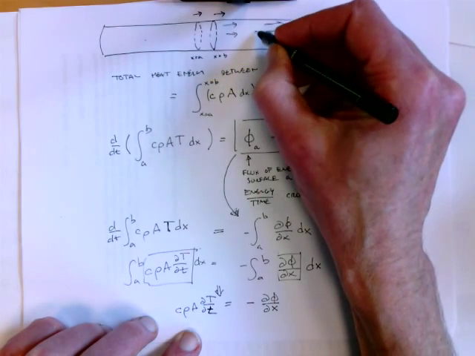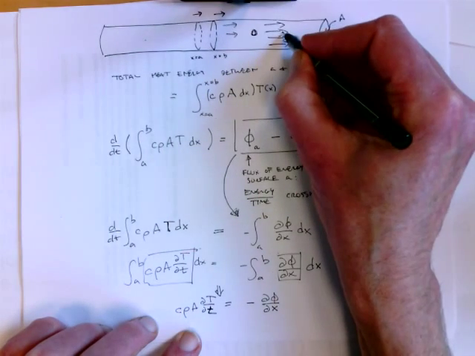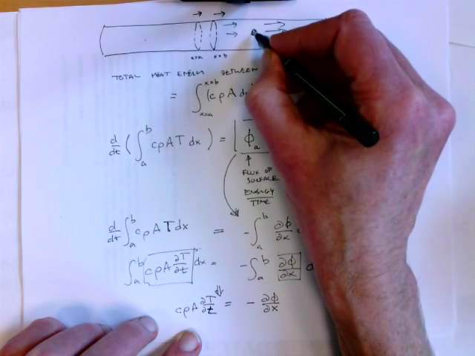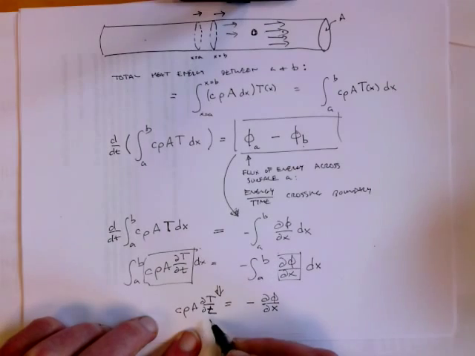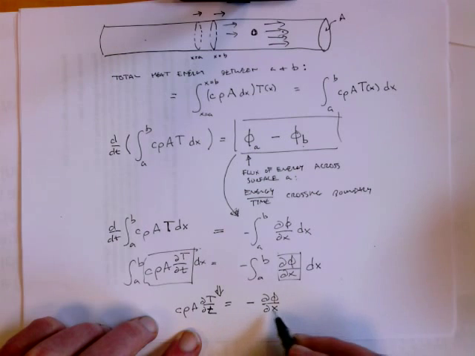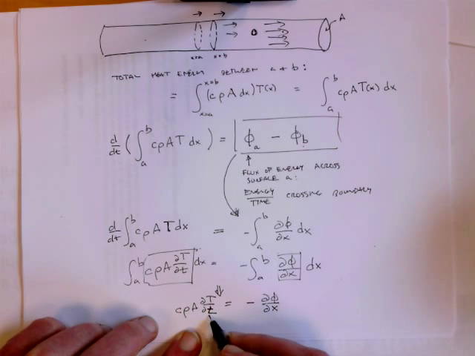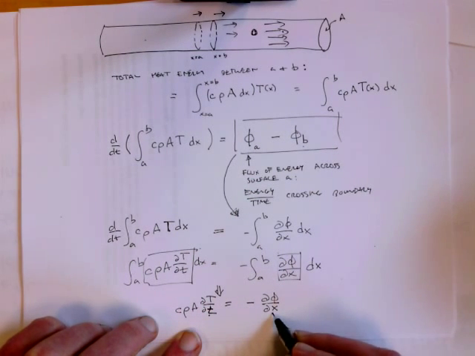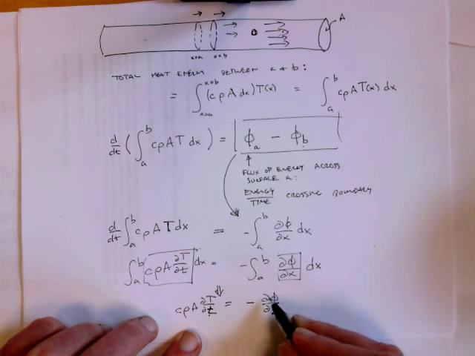For example, at this point here, I've got more energy leaving that point than is coming into that point. The only way that could happen is if the temperature was dropping in time there, right? So this expression, that the time rate of change of the temperature is proportional to the negative flux of energy, really makes sense when the derivative of the flux is positive. That says you're losing stuff out of that position.